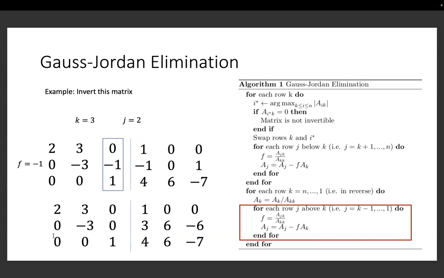So in this case, we just need to replace the second row by the value that we have here plus this value that we have in the third row. And you can see this element changed to 0, right? And then we go to another k.